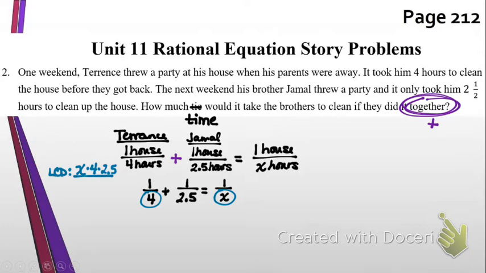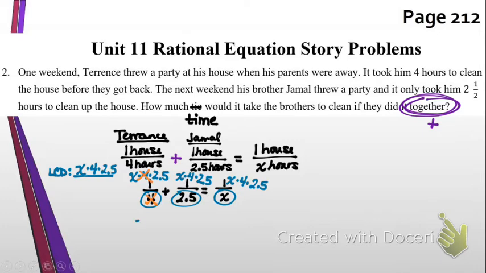So I'm going to multiply by my LCD. So I have x, 4, and 2.5 times each fraction. What's going to cancel in my first fraction? 4s.